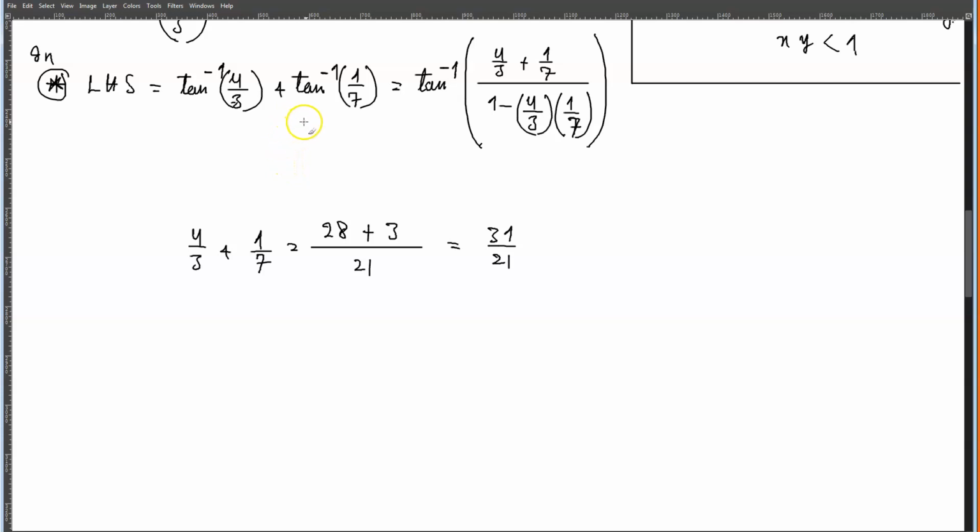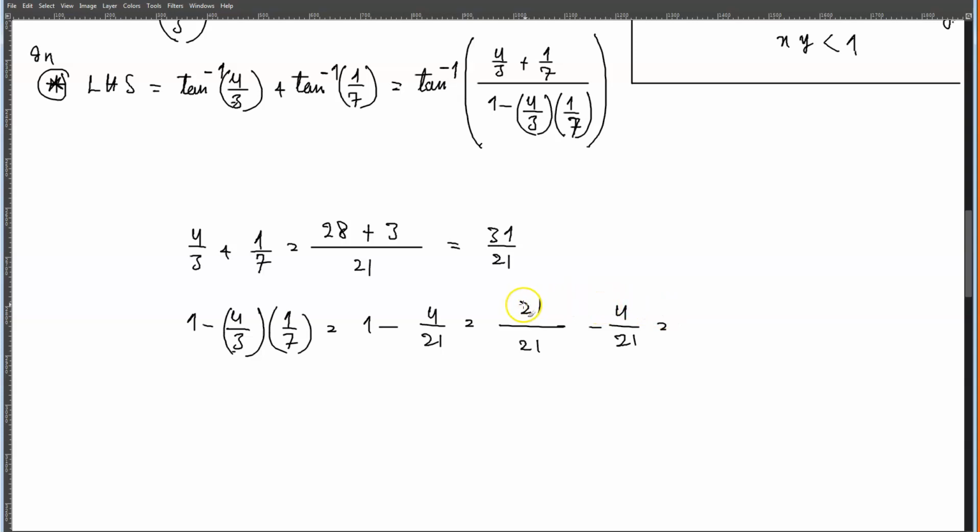So 31 by 21, and 1 minus 4/3 times 1/7 is equal to 1 minus 4 by 21, which is equal to 21 by 21 minus 4 by 21, which is equal to 17 by 21. Now if I divide 31 by 21 by 17 by 21, I will get 31/17.